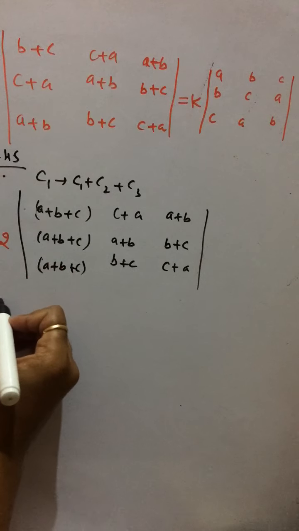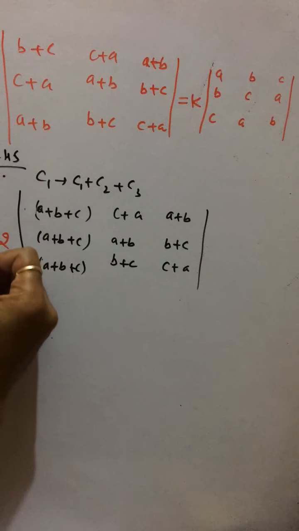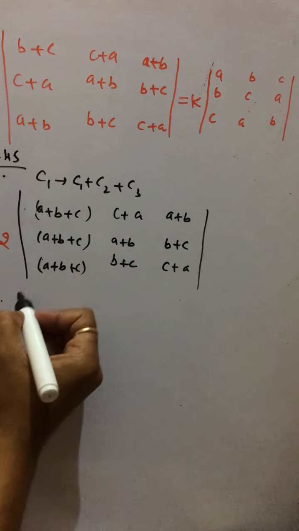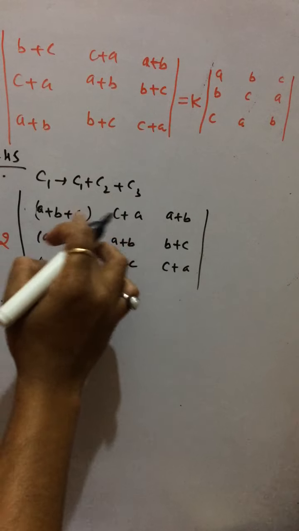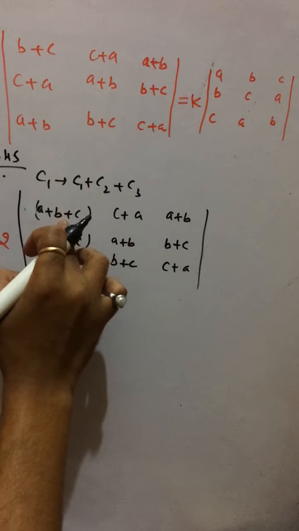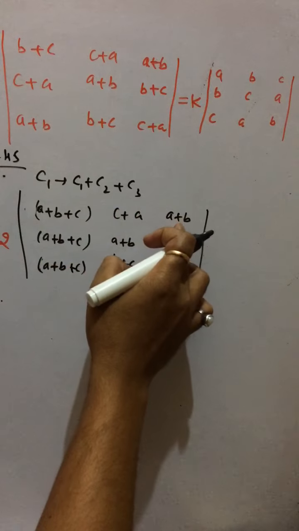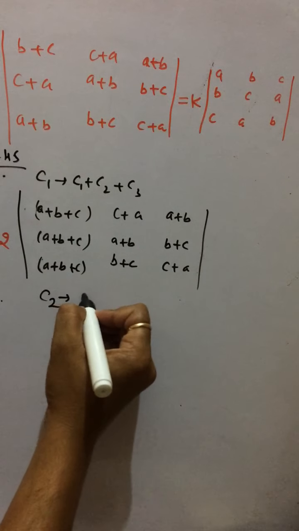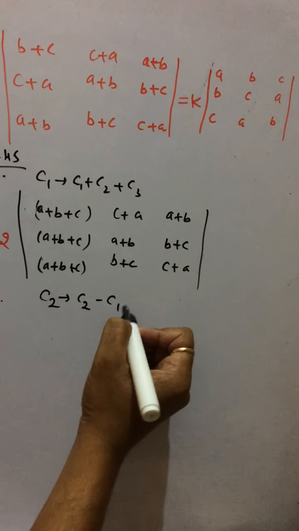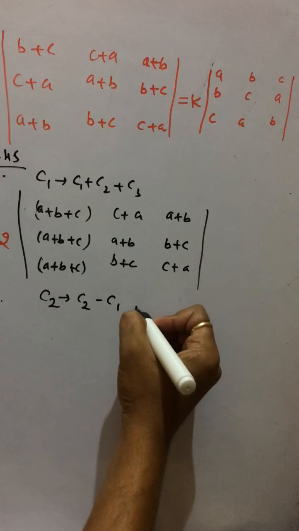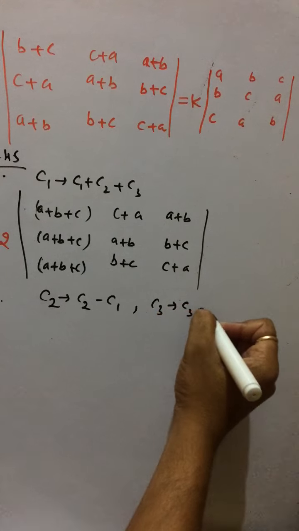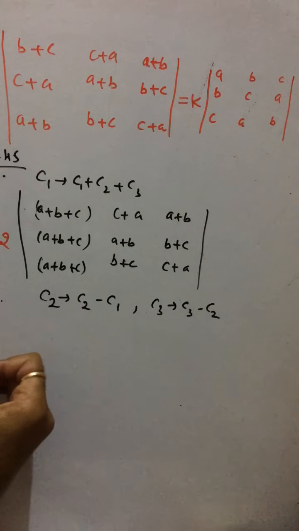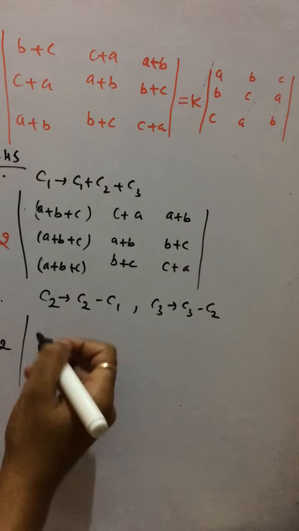Okay, so what we will do next, we are now going to apply: C2 changes to C2 minus C1, and C3 changes to C3 minus C2. What would you get here?